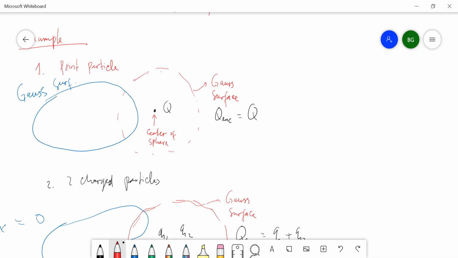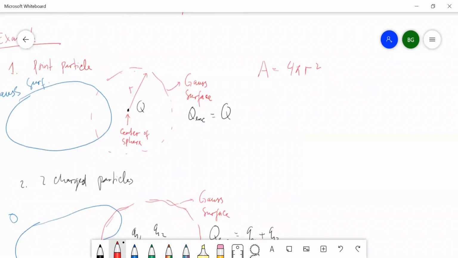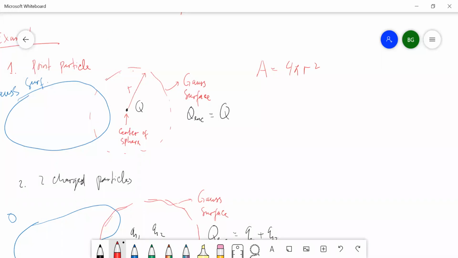So this Q enclosed is Q. If the radius of the surface is r, little r here, the area of the Gauss surface, a sphere, is 4 pi r squared. So Q enclosed is Q.